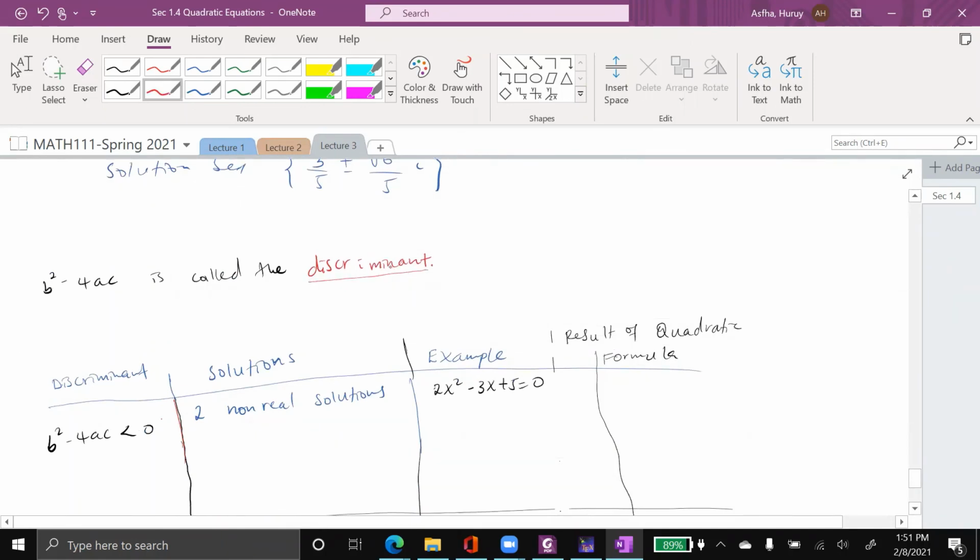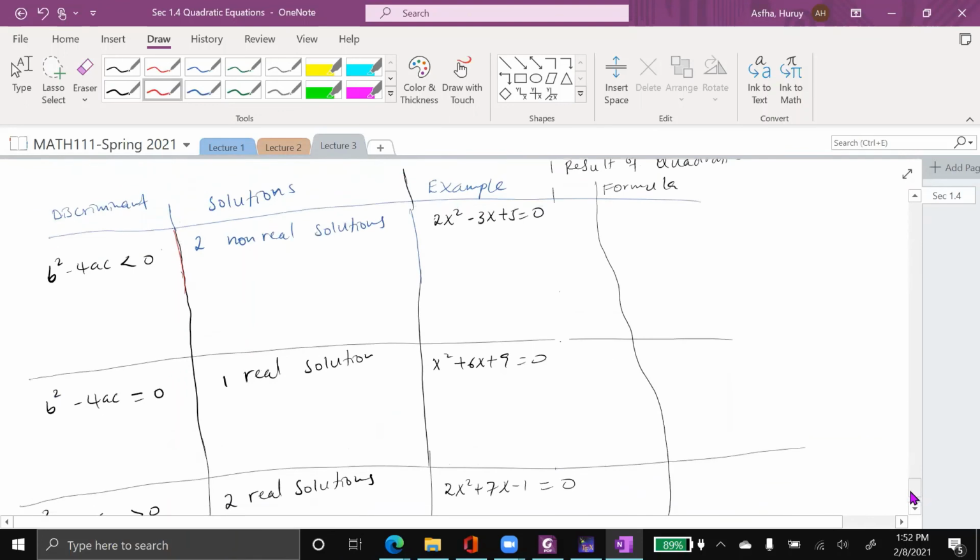Okay, and we use this discriminant to determine what type of solutions we have before we solve the equation. Just by looking at b squared minus 4ac, we can figure out whether we will have one solution, two solutions, or if both solutions are real numbers or non-real numbers.